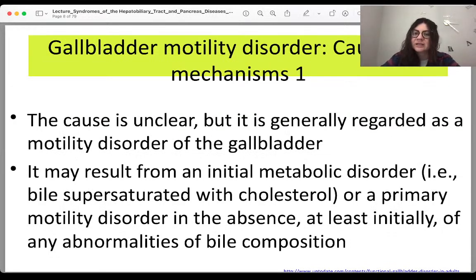Causes and mechanisms of gallbladder motility disorders. The exact cause of it is unclear, but it's generally regarded as a motility disorder of the gallbladder. It may result from an initial metabolic disorder, such as bile supersaturated with cholesterol, or a primary motility disorder in the absence, at least initially, of any abnormalities of bile composition.